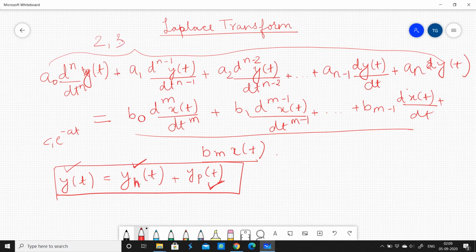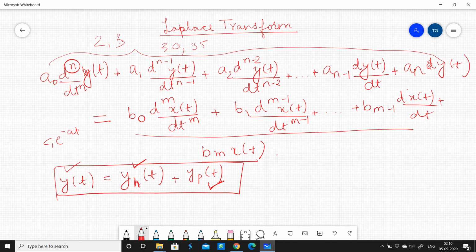But when the order is quite high, that is 30 or 40 or 35, any value, the calculation of the solution becomes very tedious, time consuming, and very complex as well.